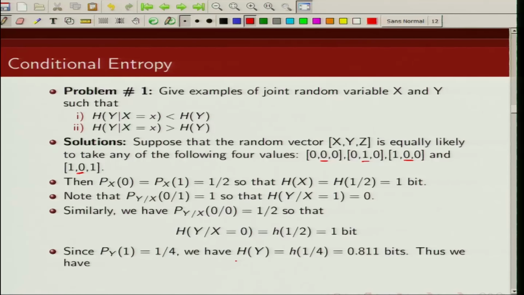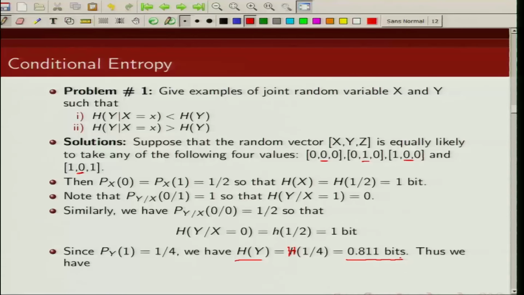So then what is the uncertainty in y? That will be minus 1 by 4 log of 1 by 4 and minus 3 by 4 log of 3 by 4, and that comes out to be 0.811 bits. So in this particular example h of y is 0.811 bits.